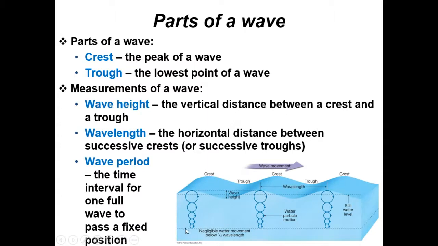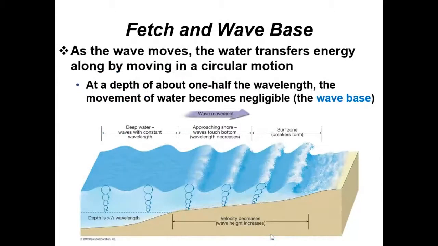What you see here is this dotted line that says negligible water movement below 1/2 wavelength. That's called wave base. The wave base, which happens to equate to 1/2 of the wavelength, is basically a point where the movement of water becomes negligible.